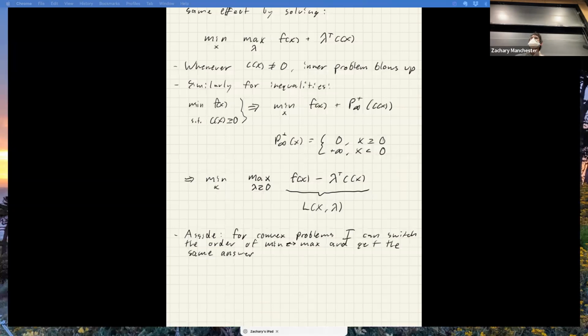But for non-convex problems, I can't do that. This idea of switching the ordering is called duality. Has anyone heard of duality in optimization and the dual problem? Yeah. So the dual problem is when I flip those guys. And you'll hear about this in the theory of convex optimization a lot. Okay, so not true in general though. But the idea is still interesting and useful.